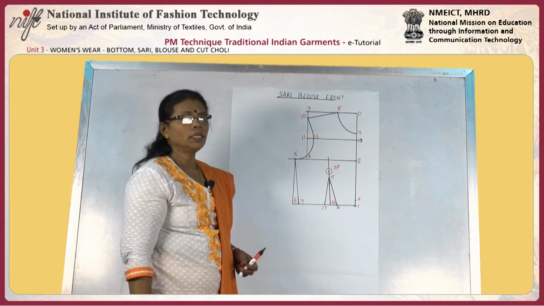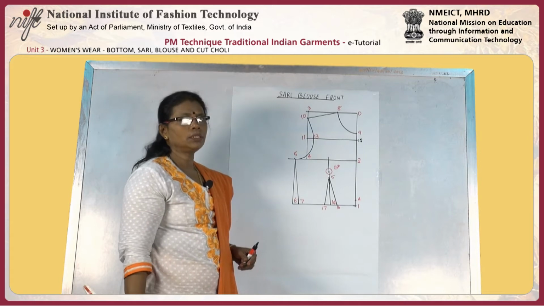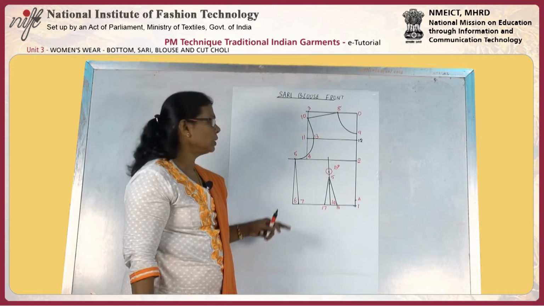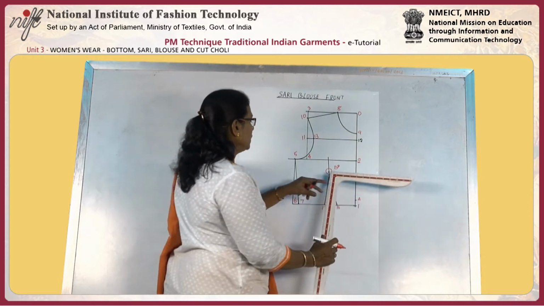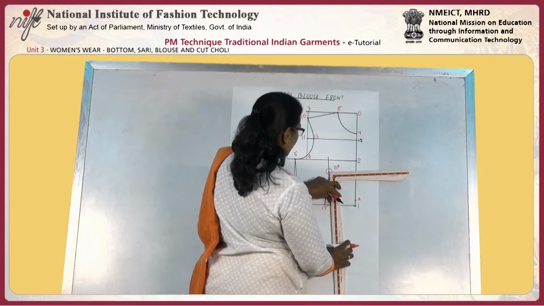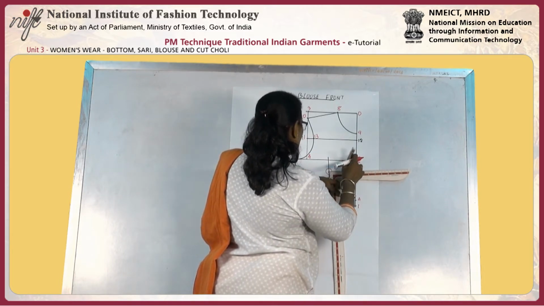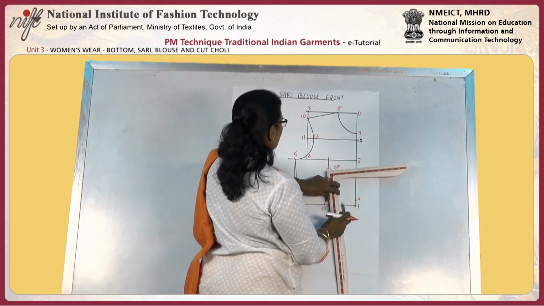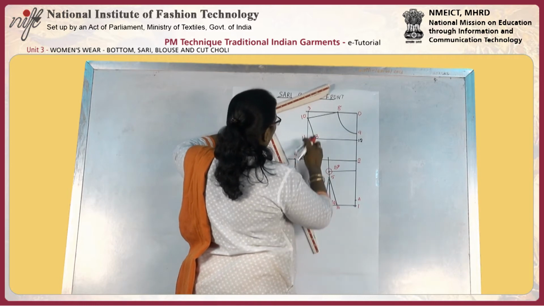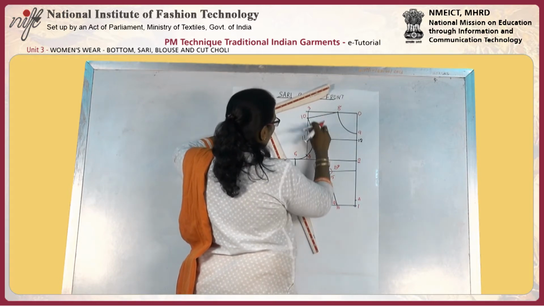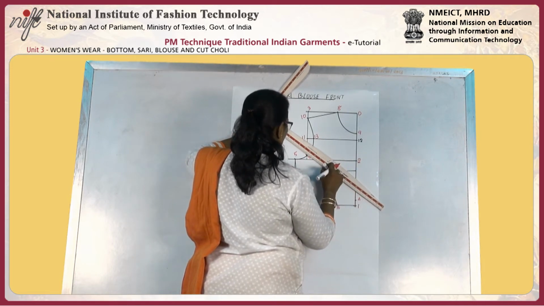We should design 3 more dots. One should be on the center front, others should be on the armhole, other is on the side seam. So first decide the position. First the center front dot can be on the bust level, and draw a line from bust point to the center front, and mark the intersection point of the shoulder line and the armhole line, and connect this also to the bust point.